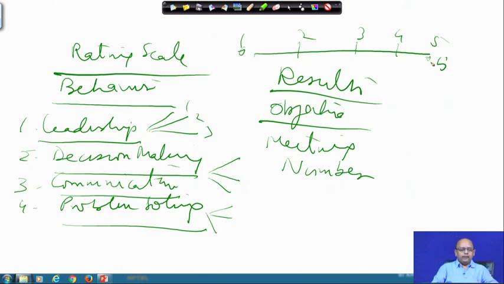So, on a 5-point scale you are going to measure these behaviors, or you can use other methods like critical incident. So, whether that particular behavior is shown or not, okay, and whether it is contributing to the performance or not. So, you are using these scales to measure the competencies and the indicators, so far as behavior is concerned, and also the results that are obtained by the individual. The idea here is that you are going to see what are the achievements and the results that he has achieved using these 2 things.